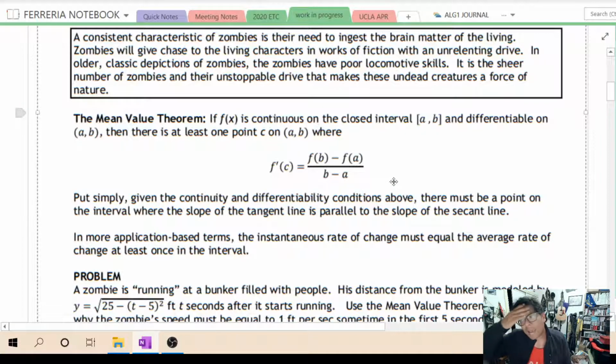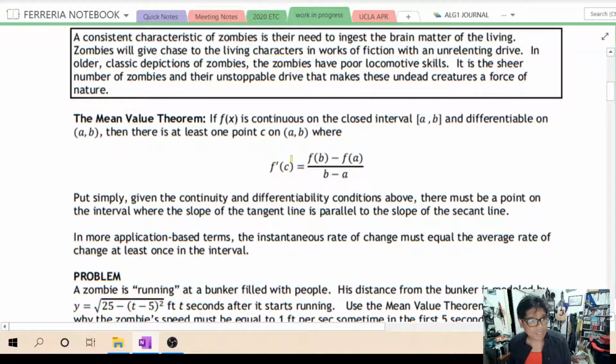And let's unpack what this really is. f is a y coordinate. So we have a difference of y coordinates on top of a difference of x coordinates. This is a delta y over a delta x.